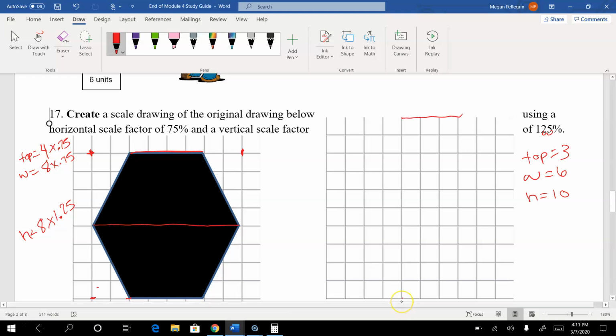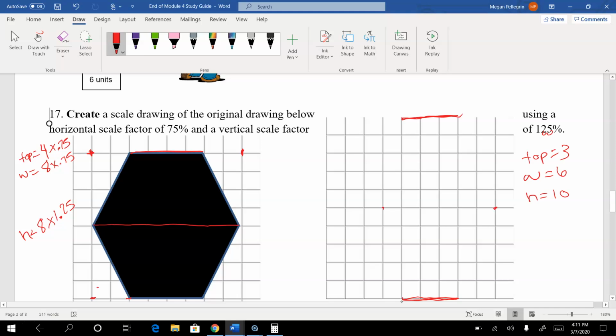And then 1, 2, 3 down here. So that's our top and our bottom that I'm creating. And then our width, we know has to be 6. Okay, so if I started here, 1, 2, 3, 4, 5, 6.